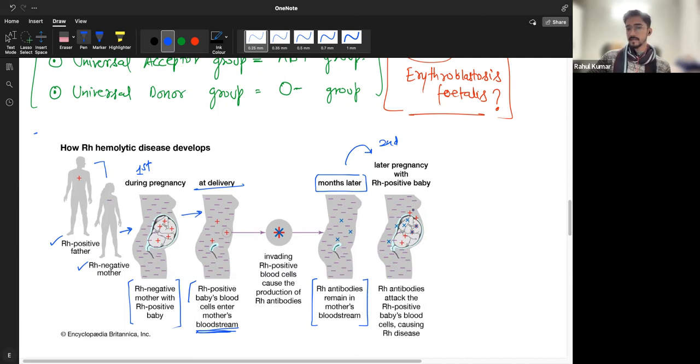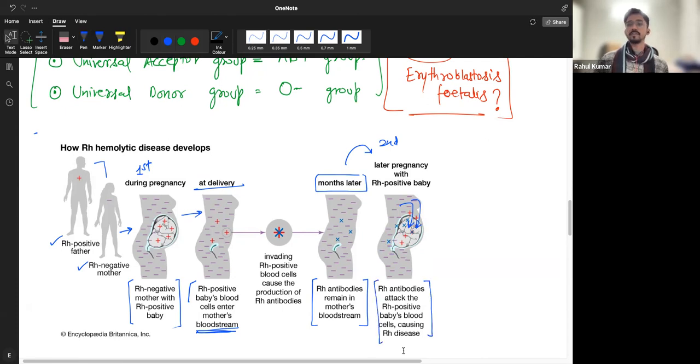But if the second time also the baby is Rh positive, just as it is developing as an embryo, the anti-Rh antibodies from the mother will cross the placenta, because they are antibodies, enter the baby's blood, and attack the Rh positive baby's blood.